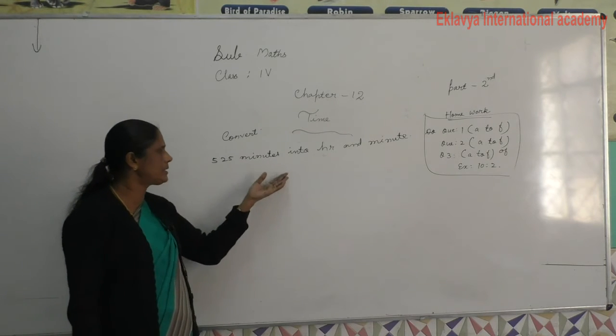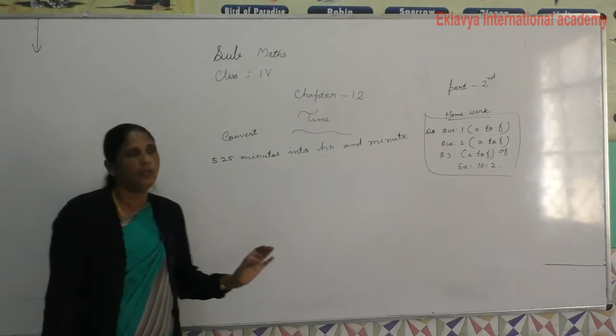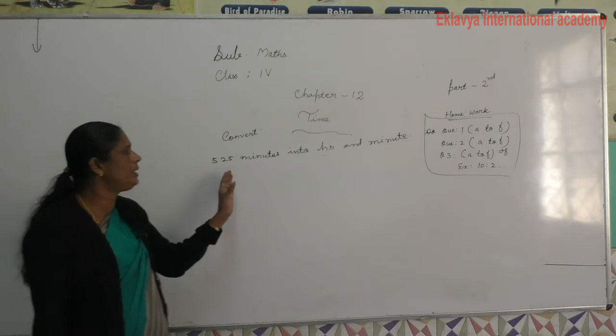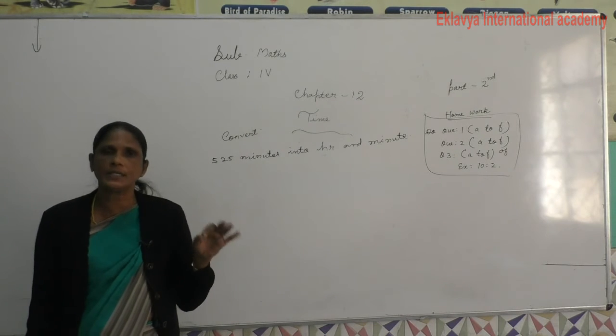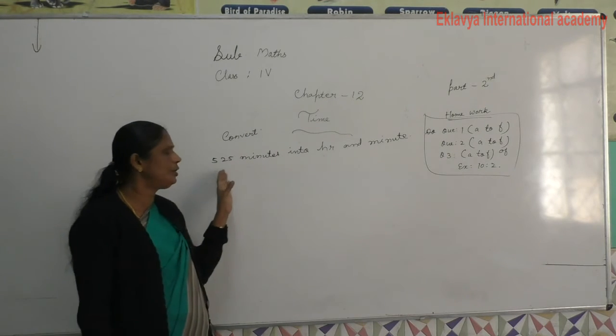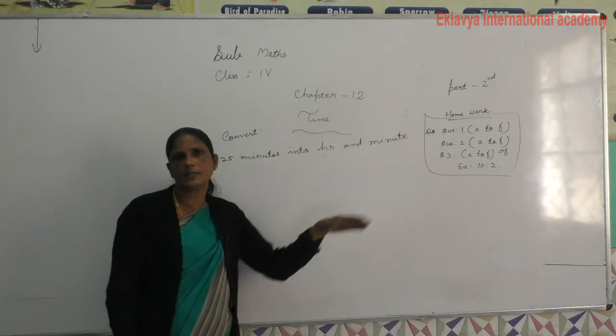When converting minutes into hours we divide by 60.